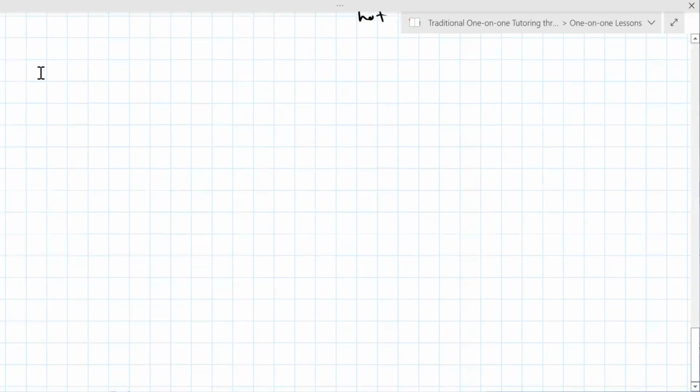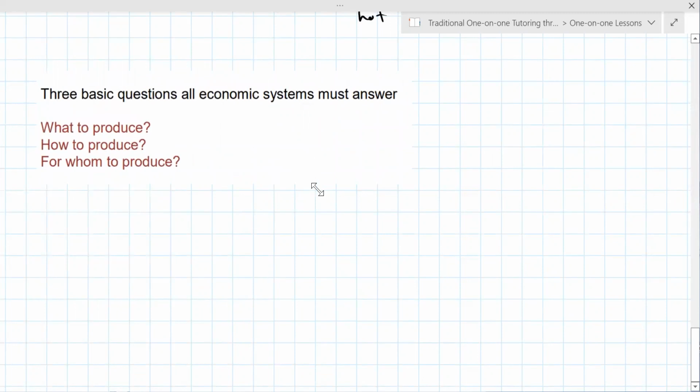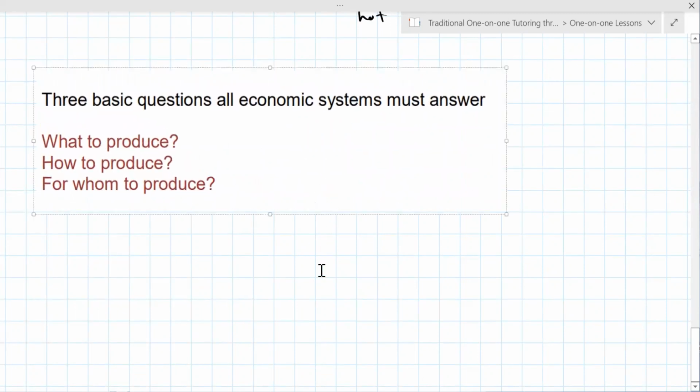Like, all right, what are the three basic questions all economic systems must answer? What to produce, how to produce, and for whom to produce. So these are the kinds of things that you don't want to miss, but they're not complicated. What to produce, how, and for whom.